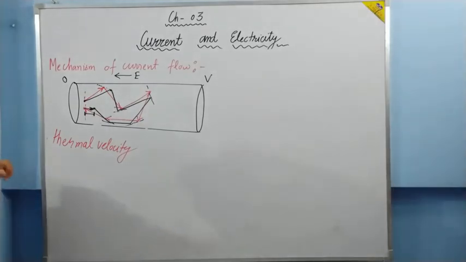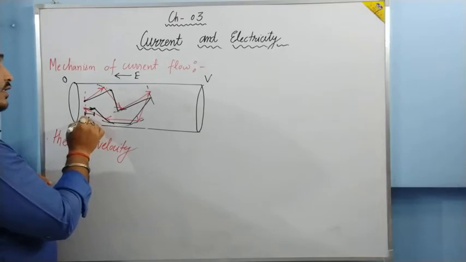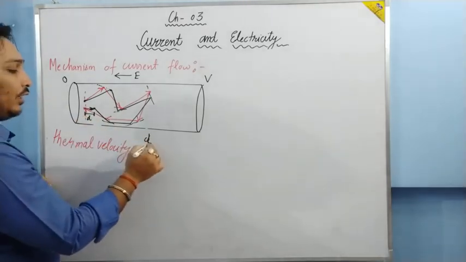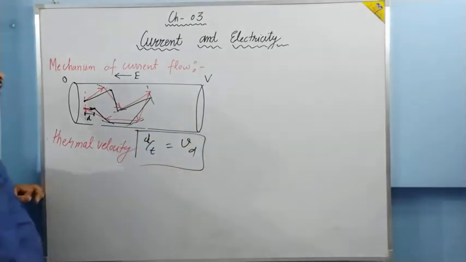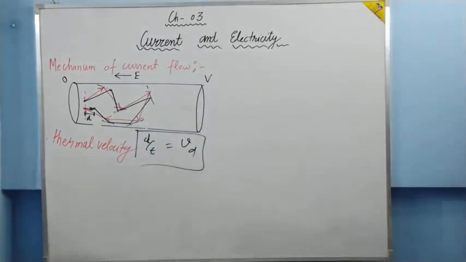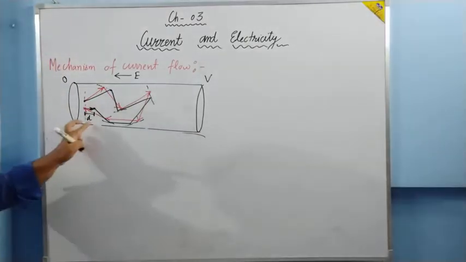And this velocity, suppose the whole process takes a time t. If this distance is d, so d upon t is what? The drift velocity. Is it clear? So we are going to discuss drift velocity mathematically. Because of the electric field, it covers a distance.